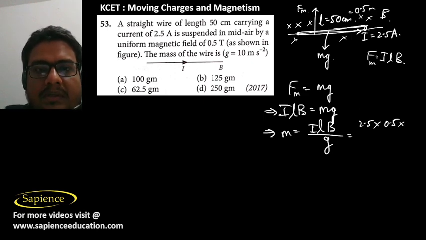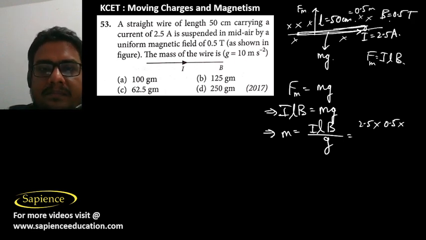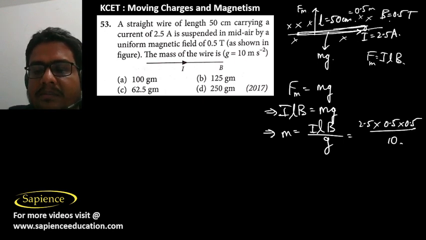The field is given as 0.5 Tesla, divided by g, which is 10. So this much in kg it will come. If we multiply by 1000, then in gram it can come.